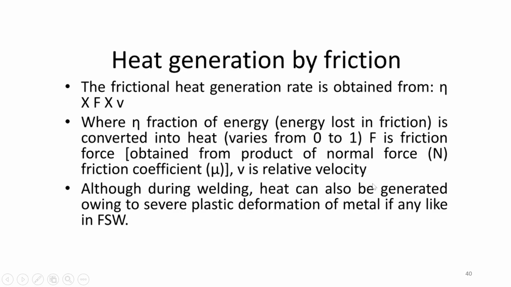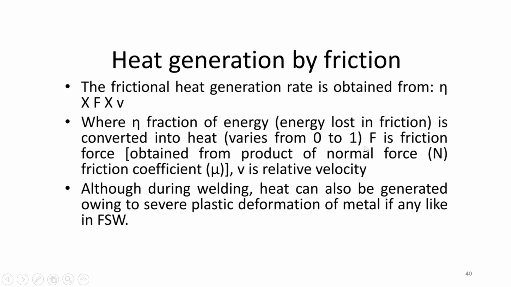Heat generation by friction. So the frictional heat generation rate is obtained from N multiplied by F multiplied by nu. Here N is the fraction of energy, which will be between 0 and 1. So the energy that is lost in the friction is converted into heat.